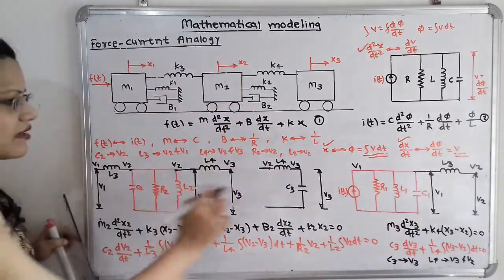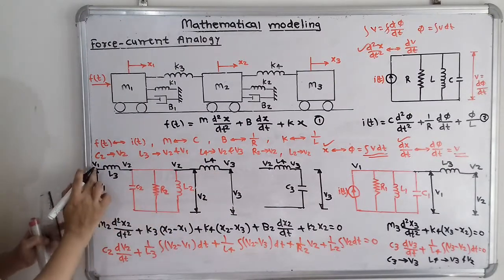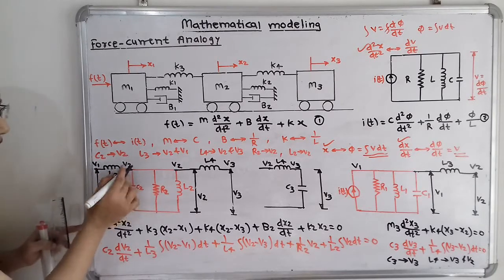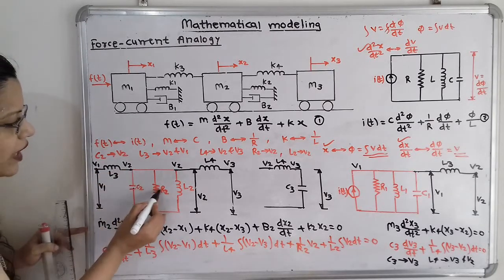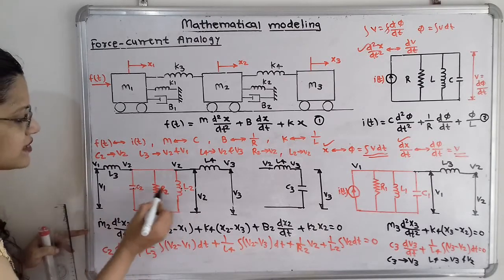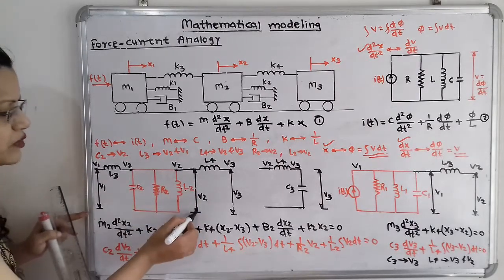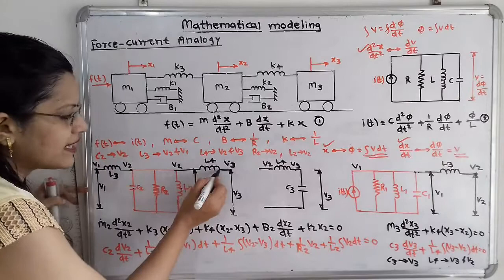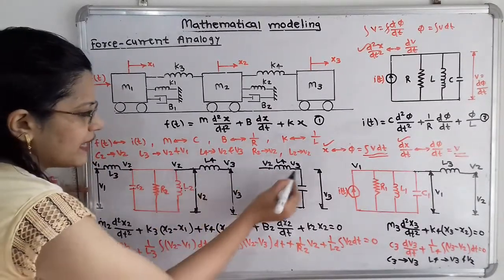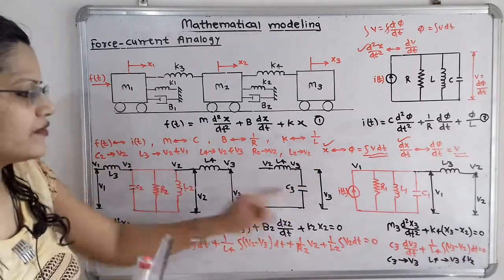After this L3, if we observe the second electrical network, it starts from voltage V2, and after that we have to connect C2, R2, L2 in parallel. These three elements are having the same voltage V2. After that we will connect L4, which is in between V2 and V3, and then we have to show capacitor C3 which is having voltage V3.